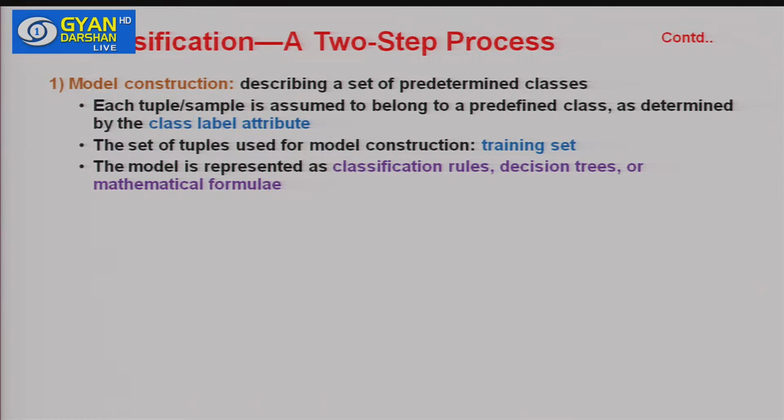Sometimes people use 70% of the data for training and the remaining 30% for testing. The classification model can be represented in various forms: classification rules, mathematical formulas, or some kind of classifier model which helps in constructing the model.